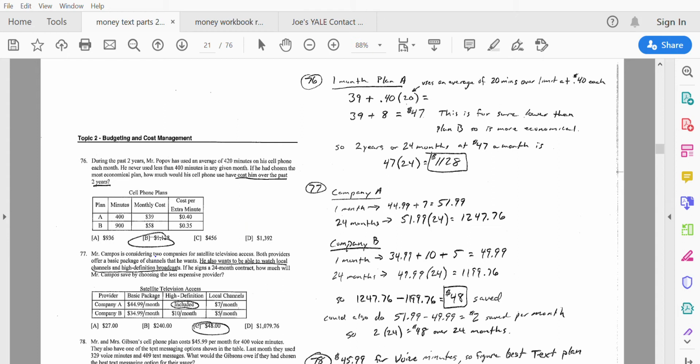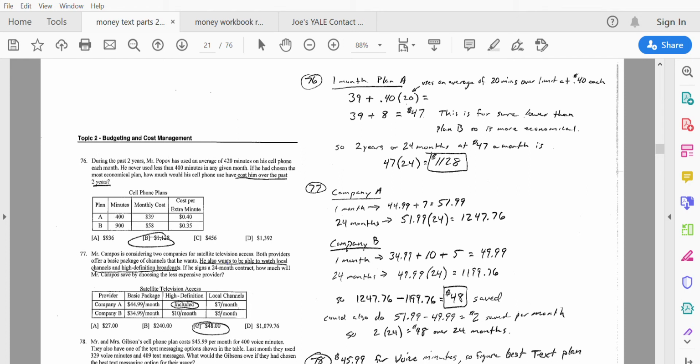So again, we have to look at both, and we have to consider that he wants high definition and he wants his local stations. So what we got to look at, company A. Let's look at 1 month first and then look at the 2 years. So 1 month is $44.99 for basic. Then the high definition is included, so we don't have to put any cost there.